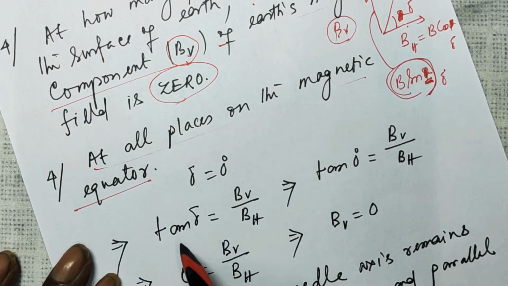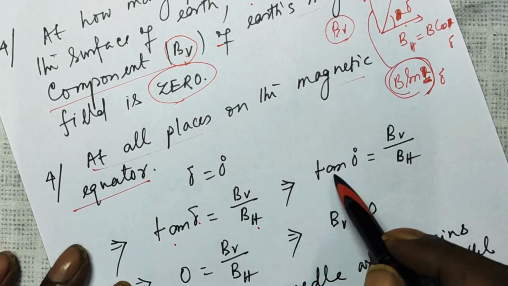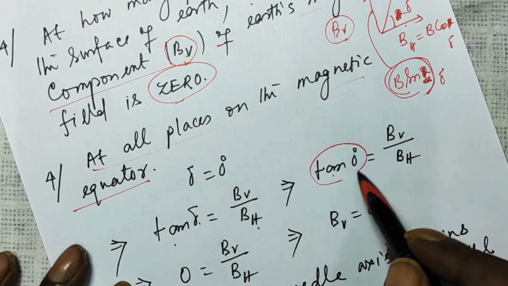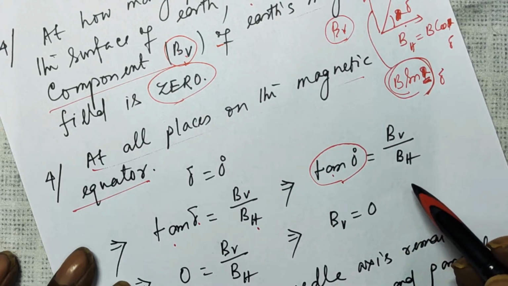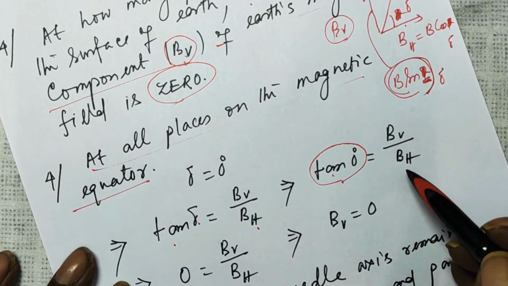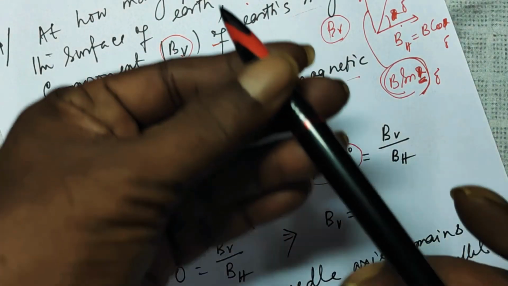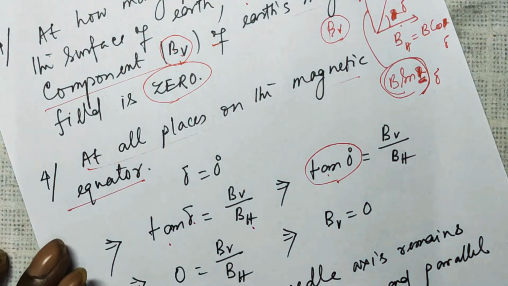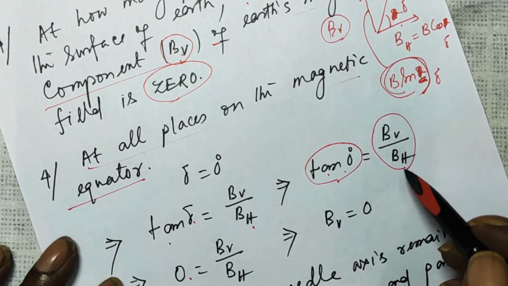So using the relation tan delta is vertical component over horizontal component, delta is 0, where? At all points on the magnetic equator, because the needle remains horizontal. It means the needle does not tilt, neither the north pole nor the south pole tilts down at any point on the magnetic equator. Now tan 0 is 0. Now this fraction is 0.